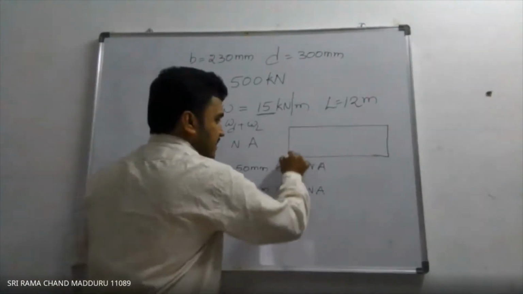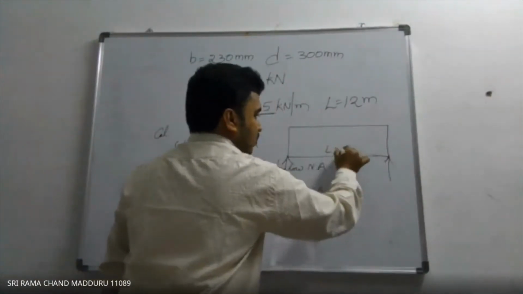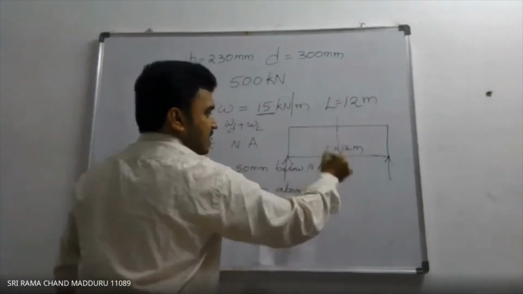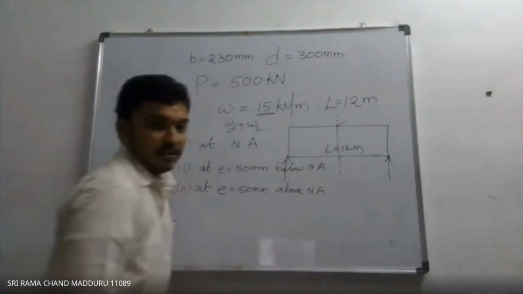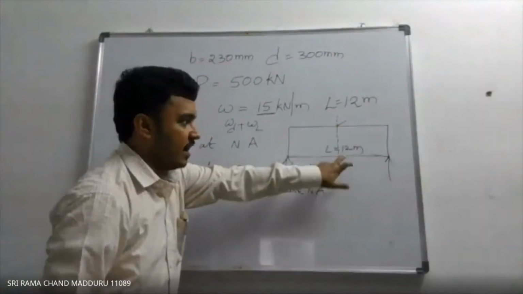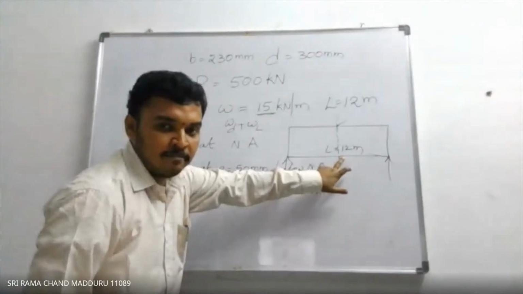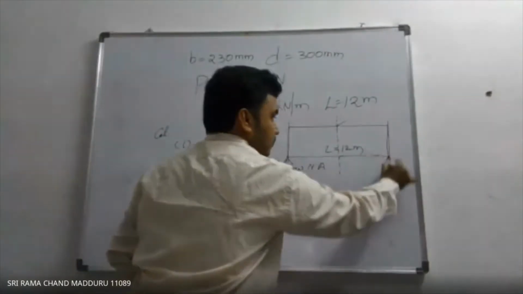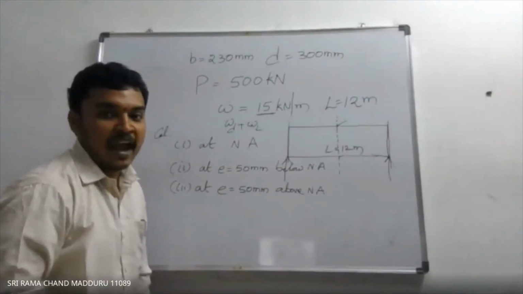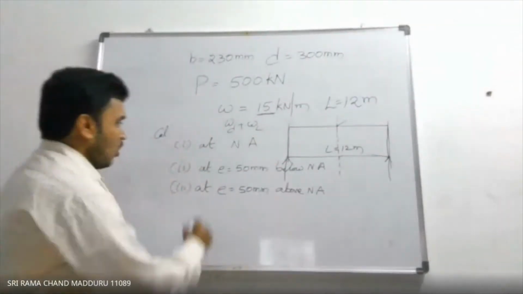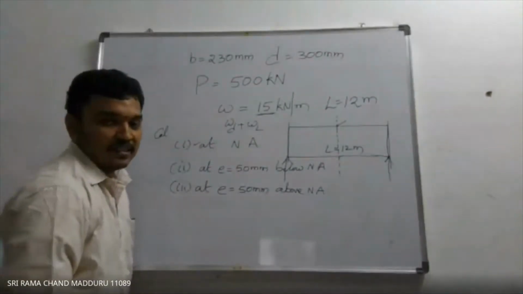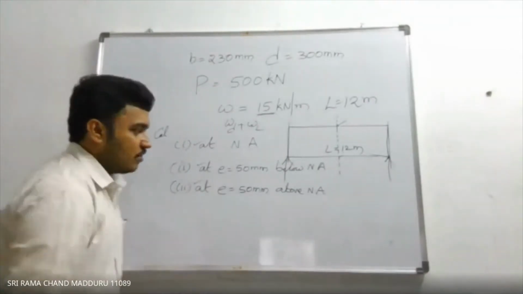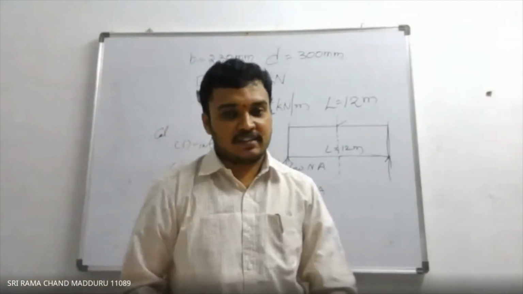If you consider this is the entire span of the beam, L is equal to 12 meters, they are asking to calculate the resultant stresses at the midspan, at top fiber and bottom fiber. Similarly, they are asking to calculate the resultant stresses at supports. And they are asking three conditions: at neutral axis, at e equal to 50 mm below the neutral axis, and at e equal to 50 mm above the neutral axis.